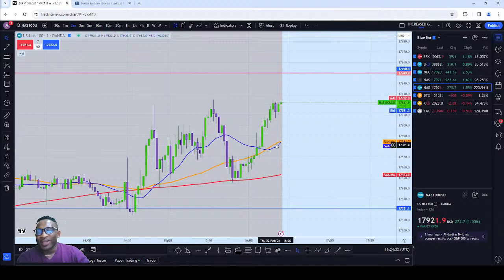It is wide away, so it's not a great entry. It would have been ideal if you got your entry near the blue line here. But if it's wide apart like this, anything can happen.